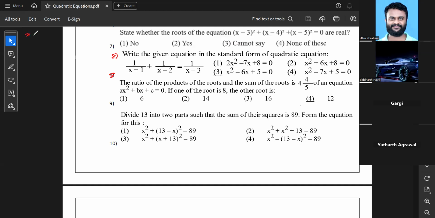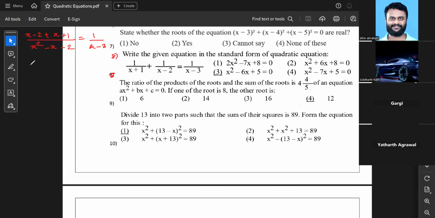That will give me x minus 2 plus, when I multiply over here, I'll get x plus 1 divided by x square minus 2x plus x, that gives you x square minus x minus 2, is equal to 1 upon x minus 3.